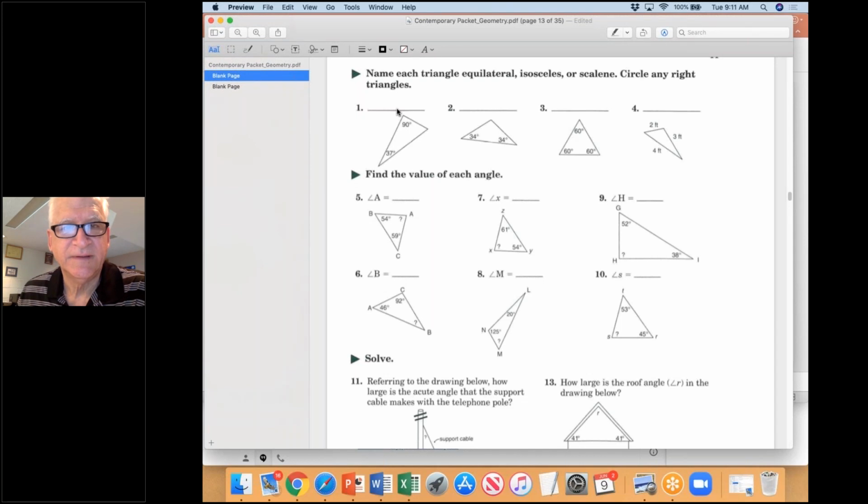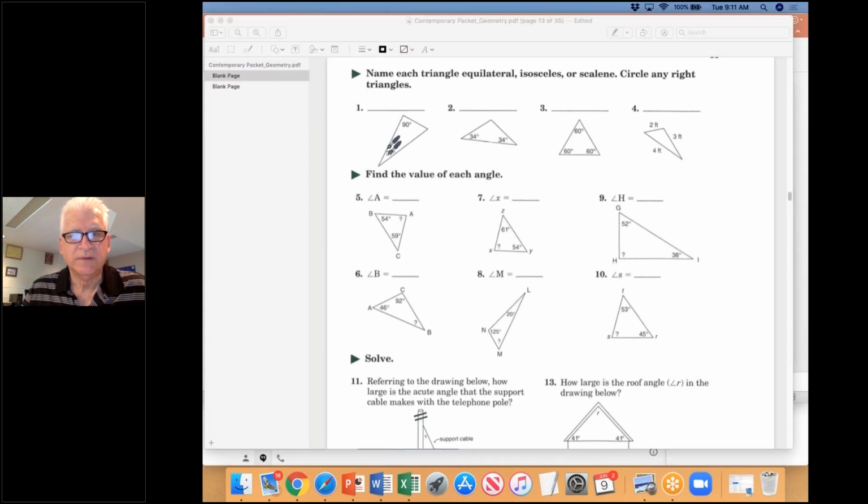So we have a problem of naming each triangle, whether it's equilateral, isosceles, or scalene. Let's look at number one. We see that we have a 90-degree angle right there. That immediately tells us that this is a right triangle.